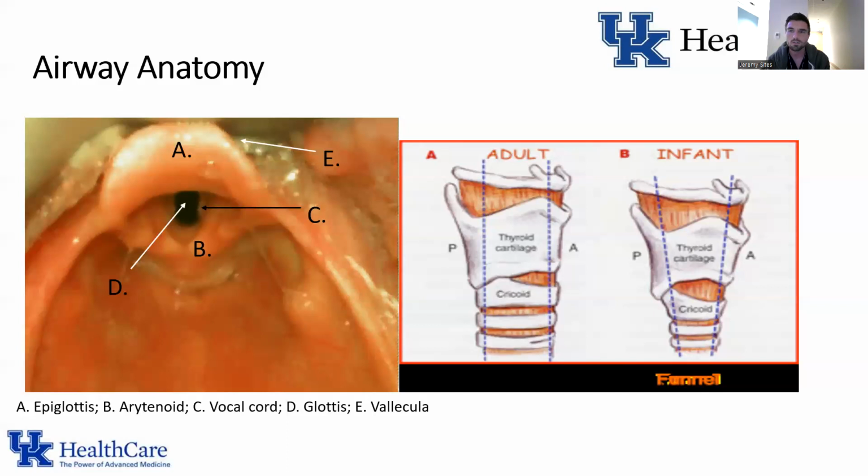C are the vocal cords. I want you to take particular note of these vocal cords because they're not the pearly white, pretty straight structures that are easily discernible from the rest of the soft tissue anatomy around them. That's very often the case in infants and small children: the vocal cords may not be straight and white and pretty and perfect, which would make them easily distinguishable from the airway anatomy around them.